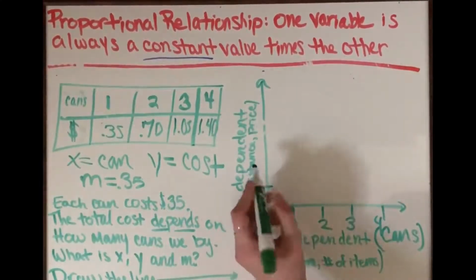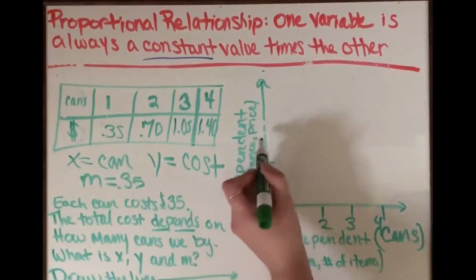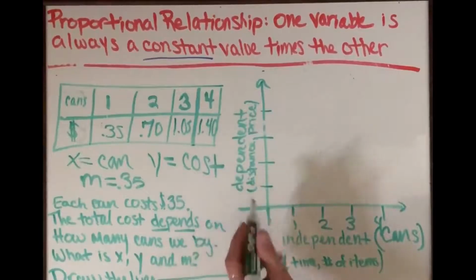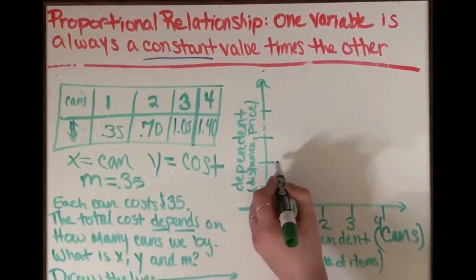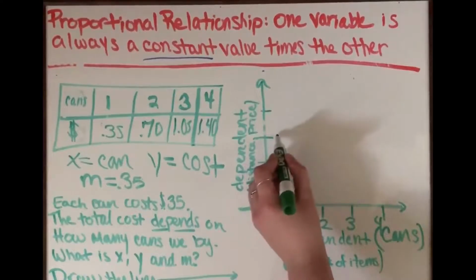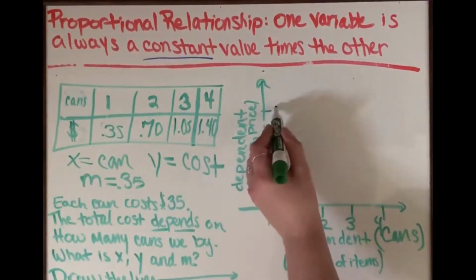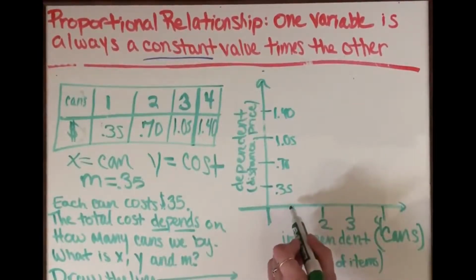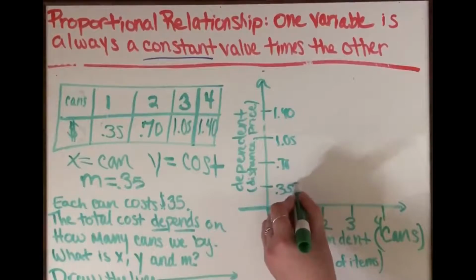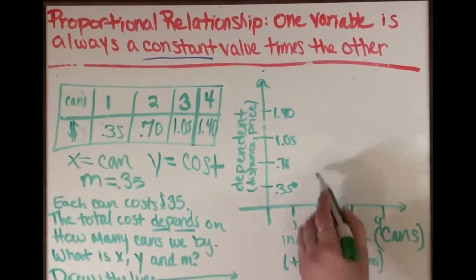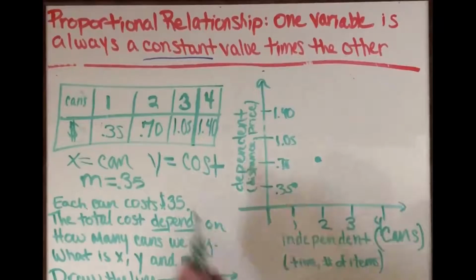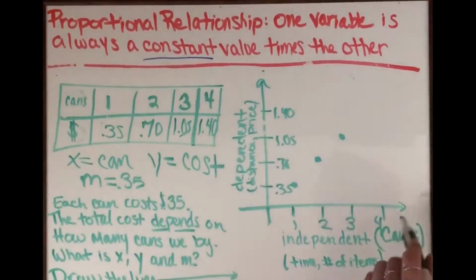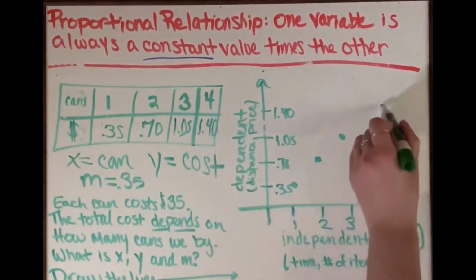So we'll have 0.35, 0.7, $1.05, $1.40, and I'm going to label them over here. That's not usually how you label, but all right. So for our first can, our price is 35 cents. For our second can, our price is 70 cents. All right. For our third can, our price is $1.05. For our fourth can, our price is $1.40.